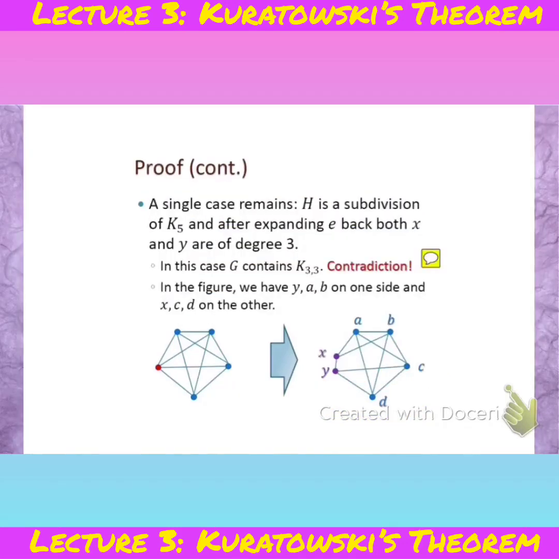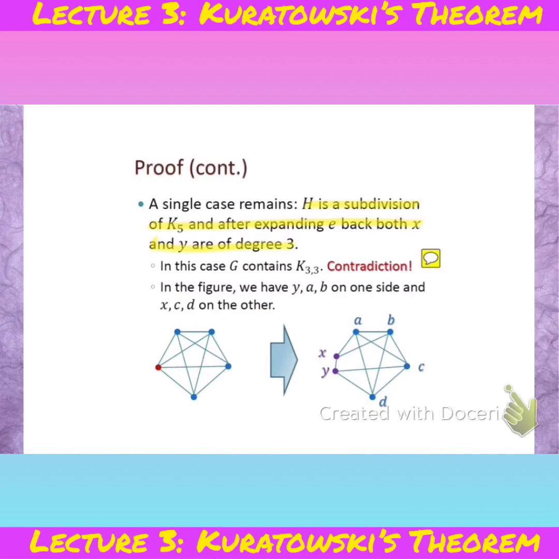Alright, the second scenario we looked at is this next case. That's a case where H is a subdivision of K5, and after expanding E back, both X and Y are of degree 3.